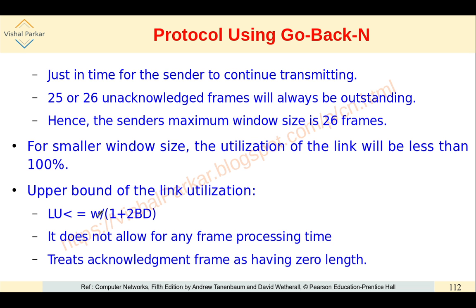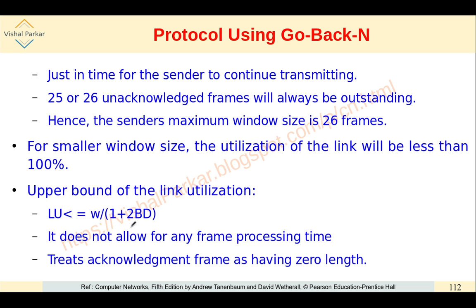Now we know that if W is made optimum, for example 26 here, 1 plus 2BD will be 26. So 26 upon 26 it will be 1. That is the optimum channel utilization. If W is made lesser than 26, the link utilization also will be decreasing.